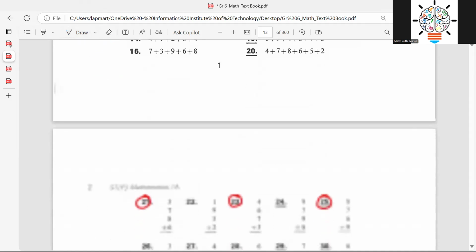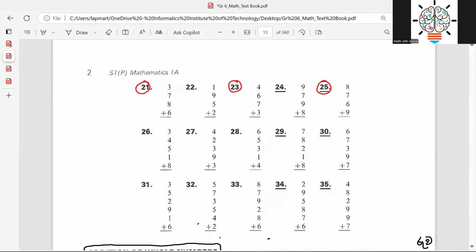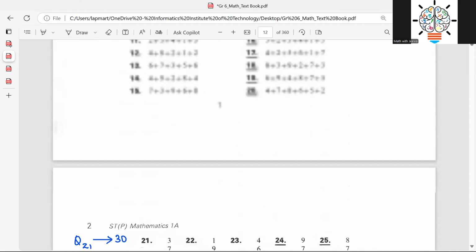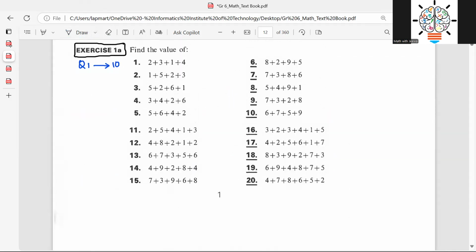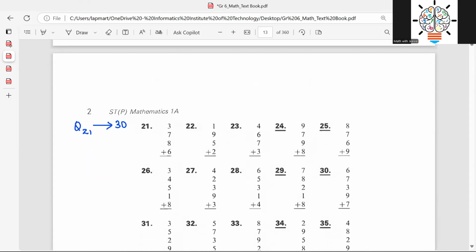Then you have another homework in the same exercise: you want to do question number 21 to 30. So here you want to do question 1 to 10, and here question number 21 to 30. So this is your homework.